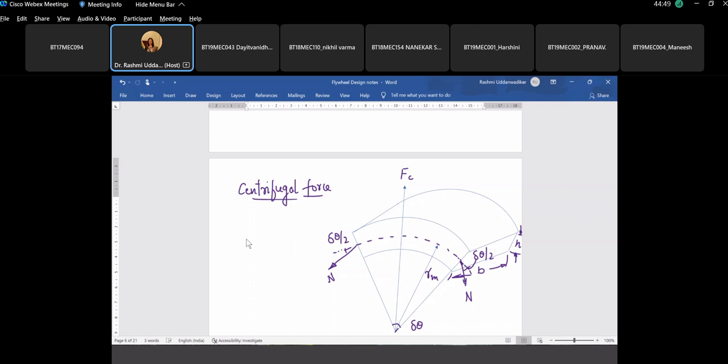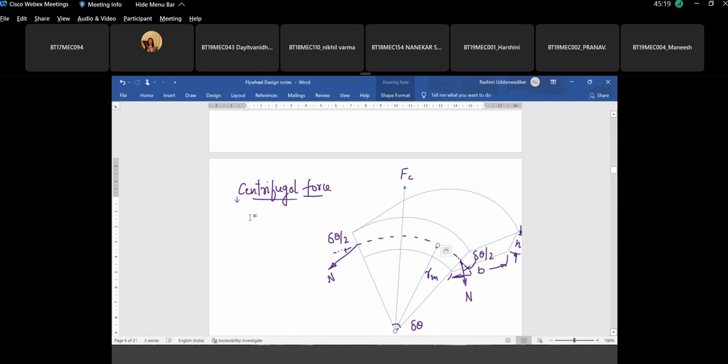So what is the magnitude of the centrifugal force? If the mass of the rotating object is m, which is rotating at a linear velocity v, what is the centrifugal force acting at its radius r? m v square by r.